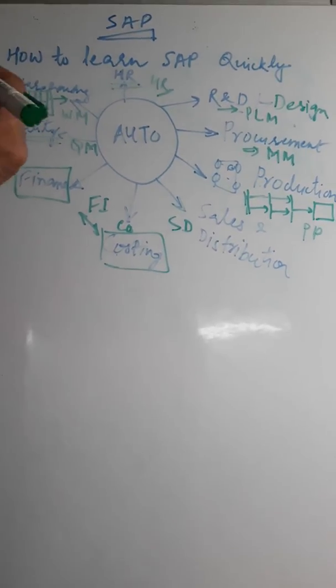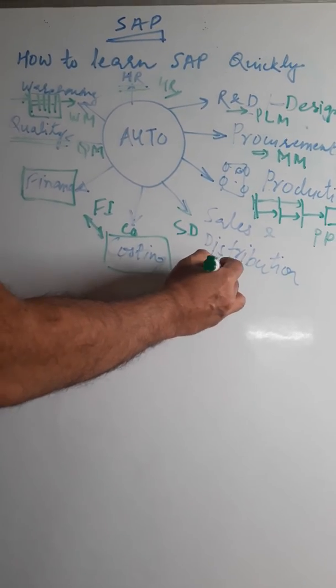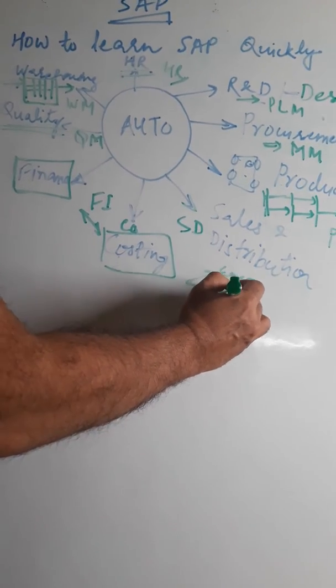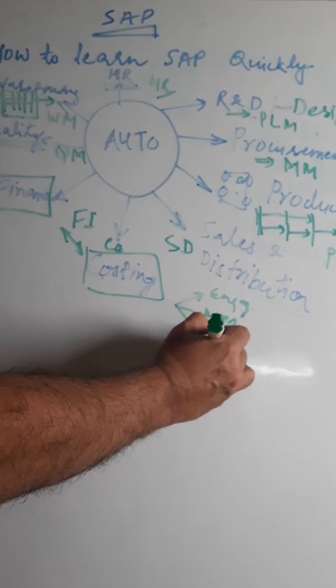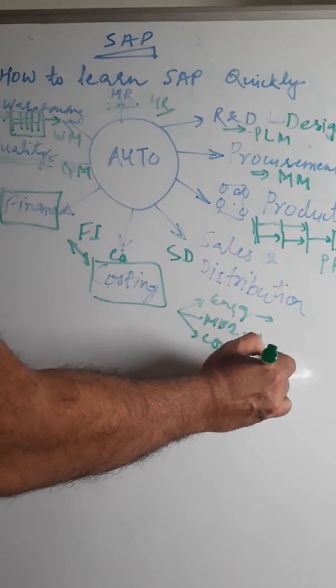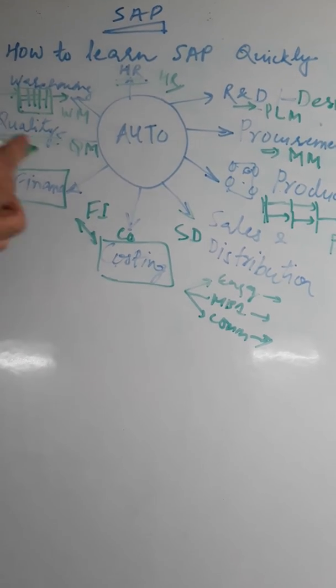For people who are freshers or have just finished their degree, like engineering, MBA, or commerce, based on the subjects they had within their courses and which area they feel interested in, they can choose.